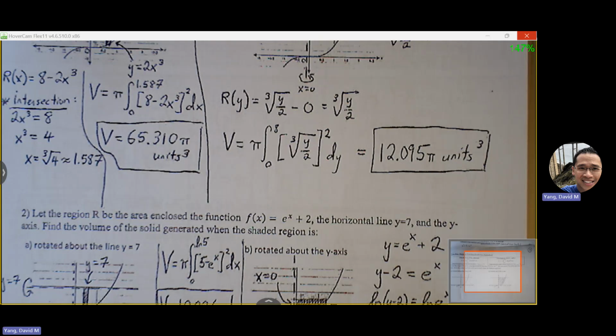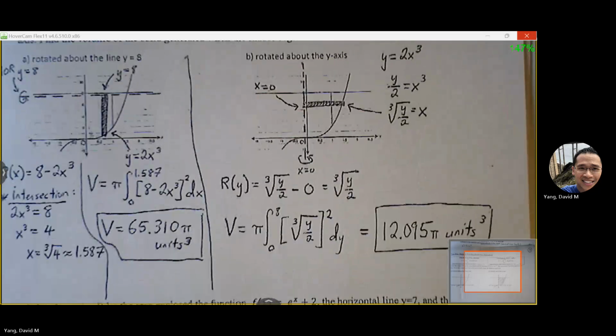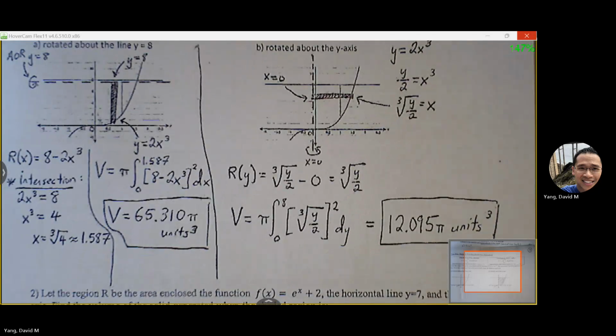Okay, any questions? All right, number 2, try part A. Draw your axes, see if there's any gaps.